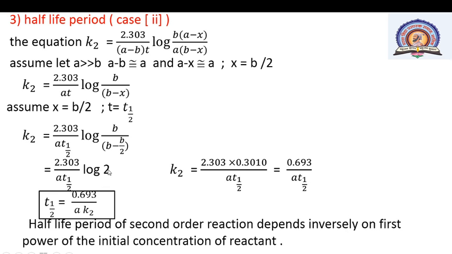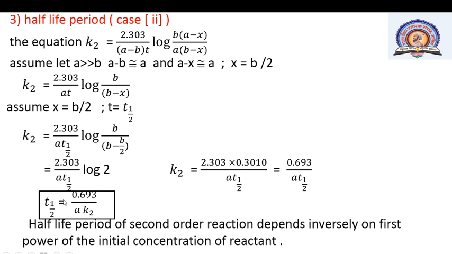As we know the value of log 2, k2 is equal to 2.303 into 0.3010 divided by a into t half. Now the product of 2.303 into 0.3010 is 0.693, divided by a into t half.